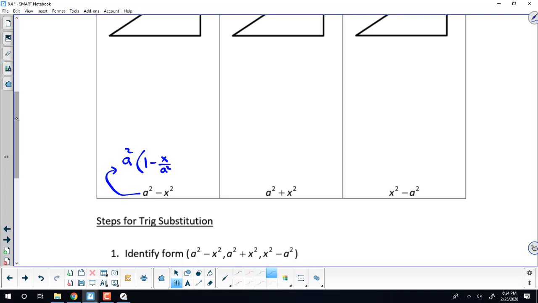We'll just write it like this first. So we just factor out that a squared, and then we write this as this here.